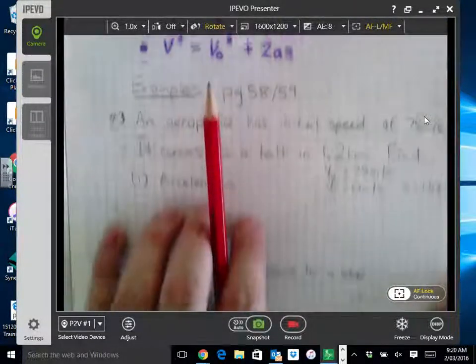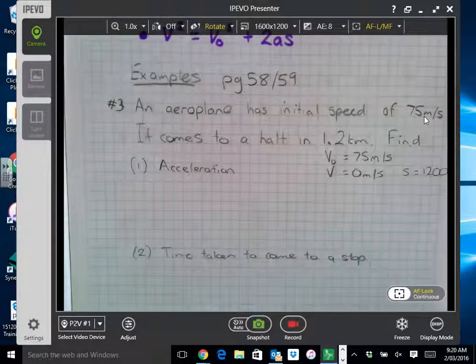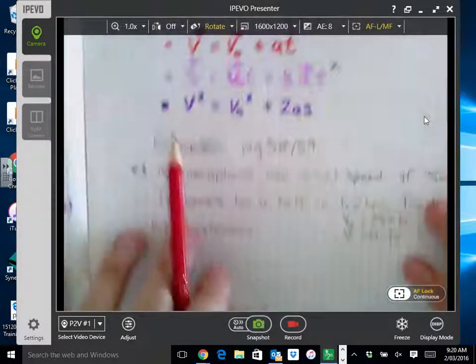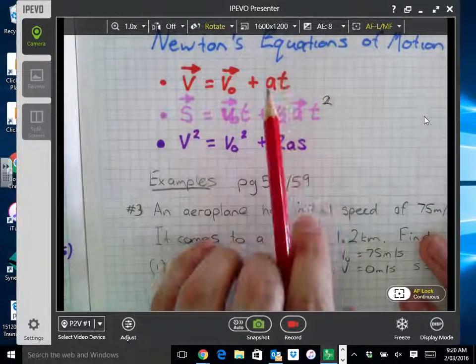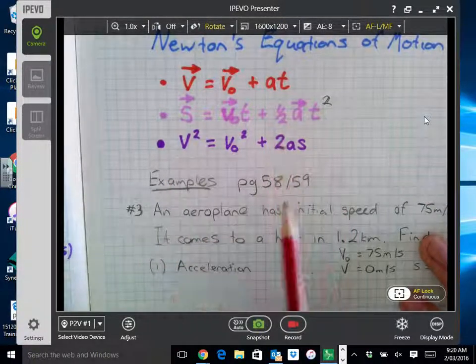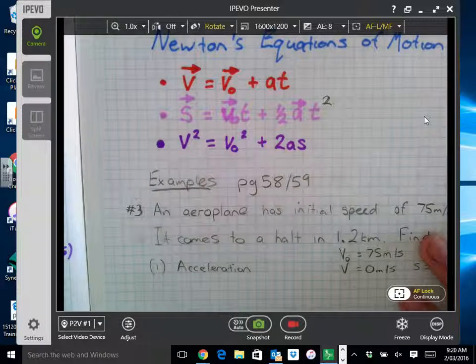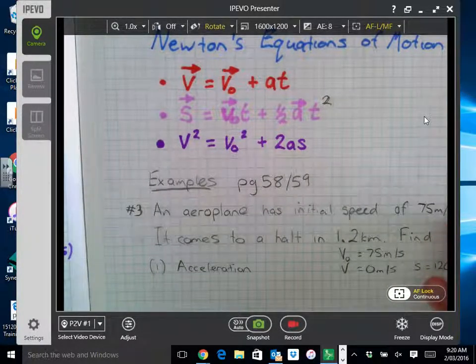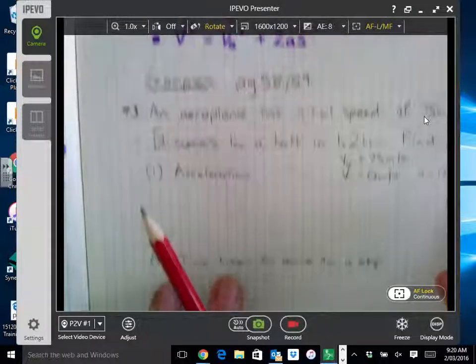You can do this with speed equals distance on time: distance in kilometers and time in hours gives a speed in kilometers per hour. But when it comes to acceleration, we've only really got one unit, which is meters per second squared. Other things come into play with that too, when we do forces: from Newton's second law, force equals mass times acceleration, like I went through with the year 10s.